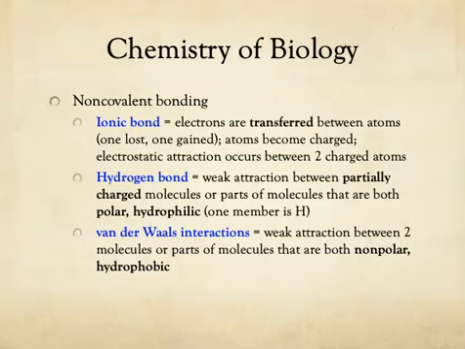We can see both hydrogen bonding and van der Waals interactions in the membrane. Remember, the heads of the phospholipids will be held together through hydrogen bonding, and the tails in the phospholipids will be held together through van der Waals interactions.